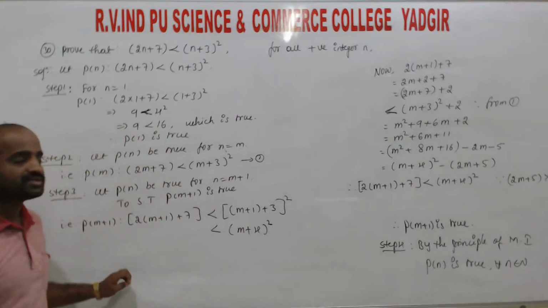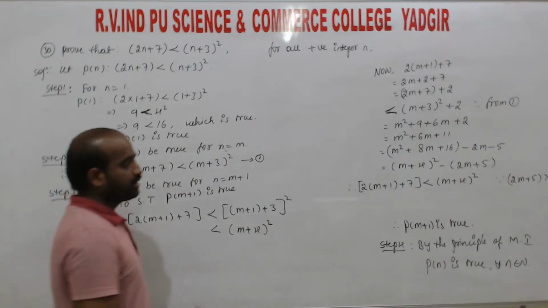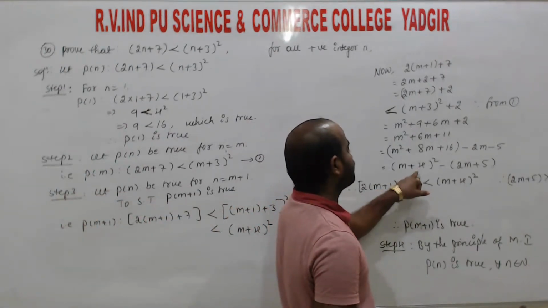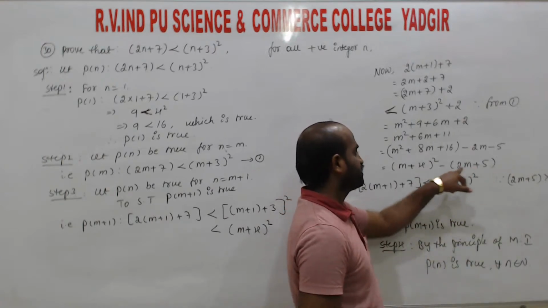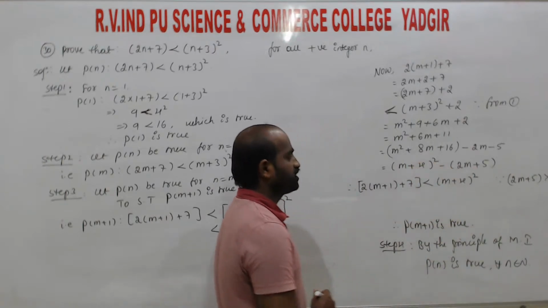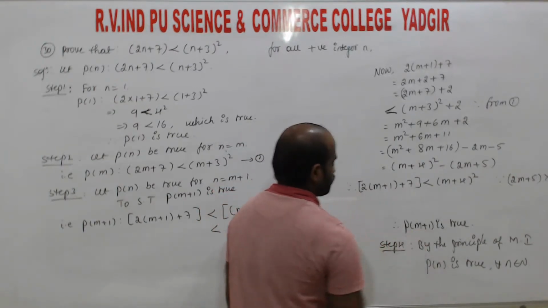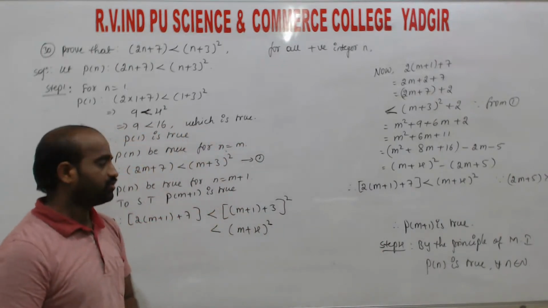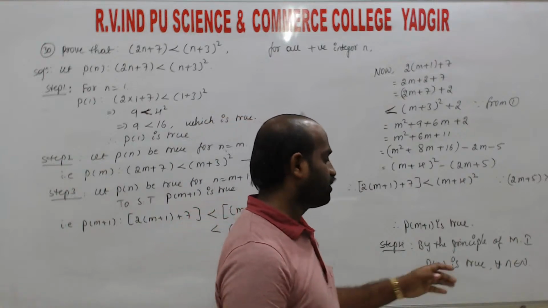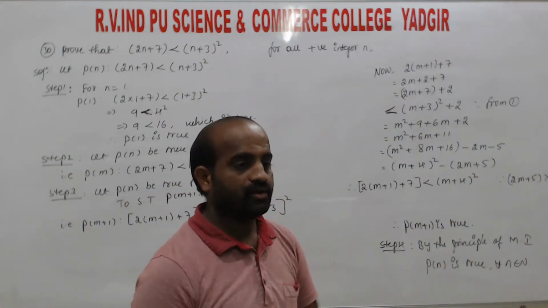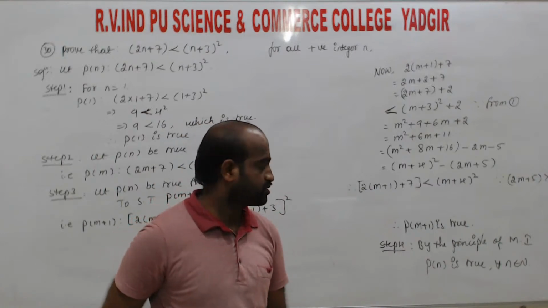Now this one is less than m plus 4 whole square minus, and 2m plus 5 is greater than 0. Therefore, P of m plus 1 is true. By the principle of mathematical induction, P of n is true for all n belongs to N. Okay. This chapter is finished.